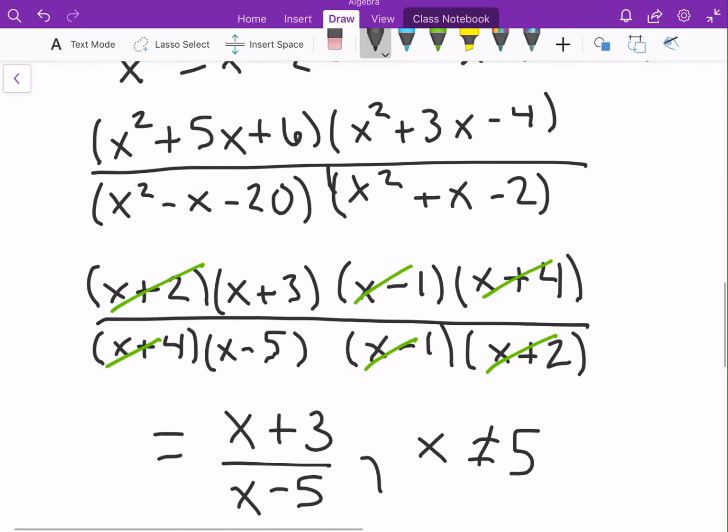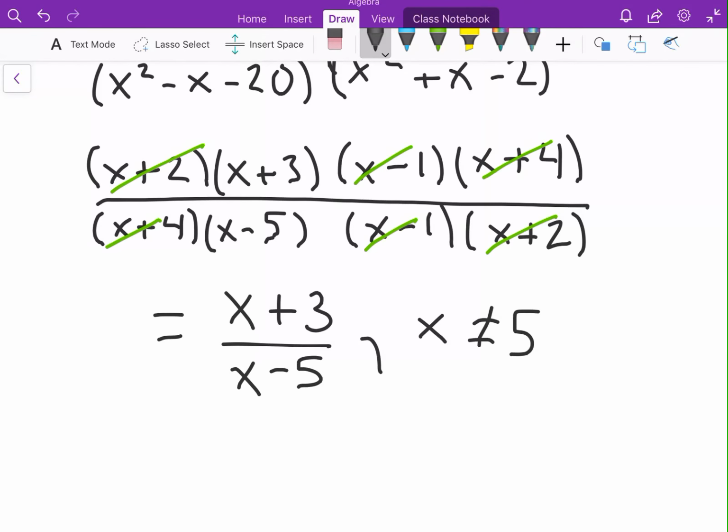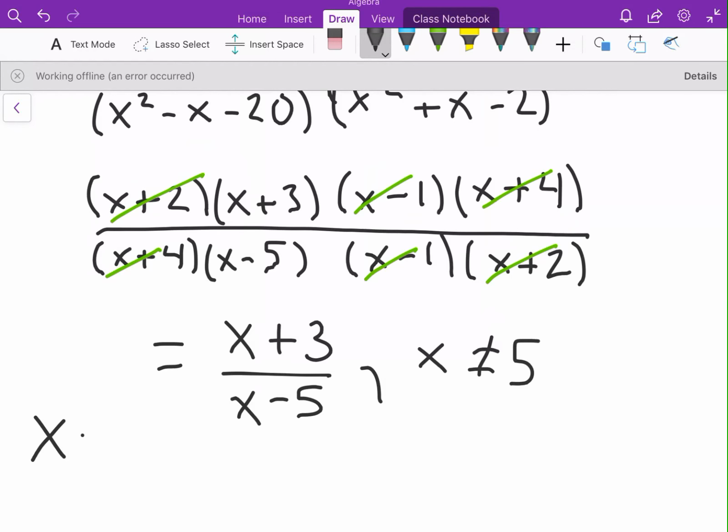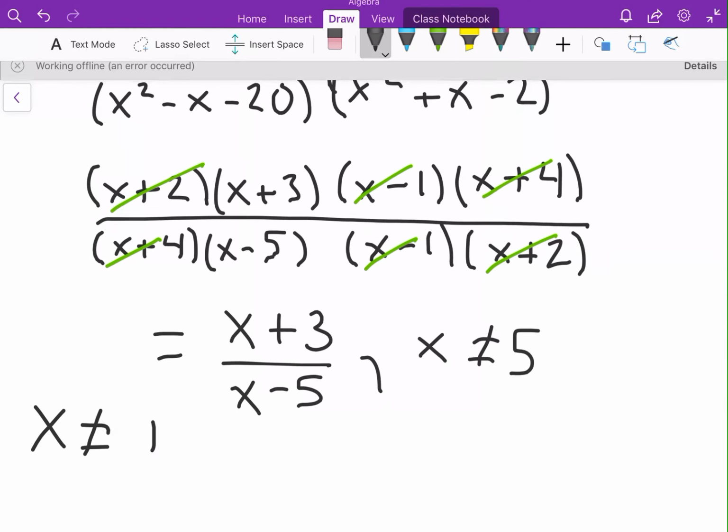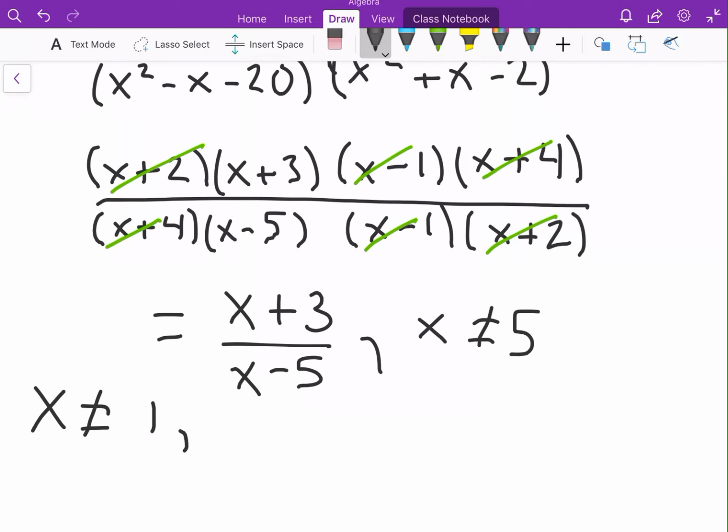So, x cannot equal a positive 1 because of our x minus 1 in the denominator. X cannot equal a negative 2 because of our x plus 2 in the denominator. And x cannot equal a negative 4 because of our x plus 4.